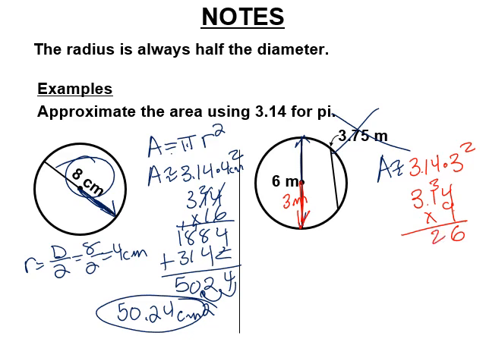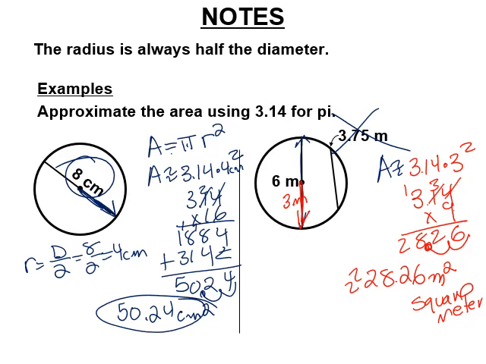Then we get 12, because 9 plus 3, and 9 times 3 is 27, plus 1 is 28. Moving the decimal twice, and we get approximately 28.26 square meters. And you don't say that meters squared, by the way. It's square meters here. And you say this one as square centimeters. It's not in the order that you read it.